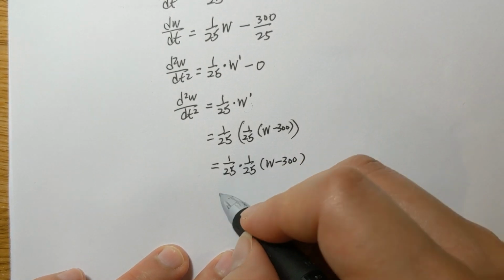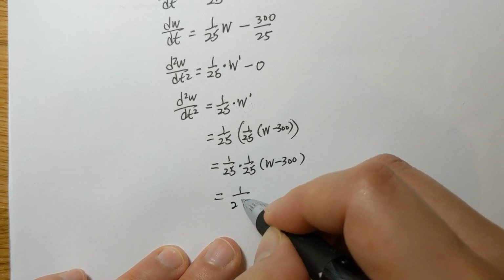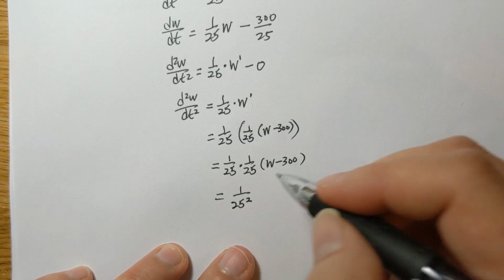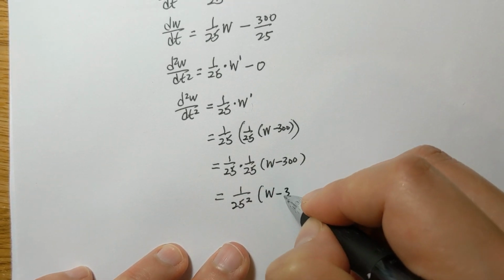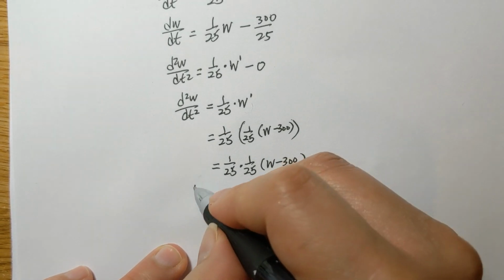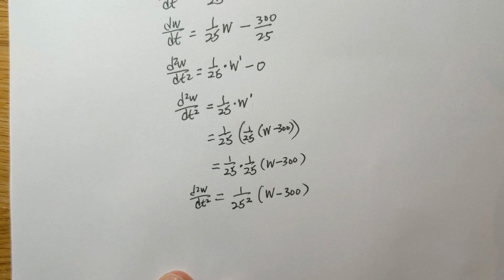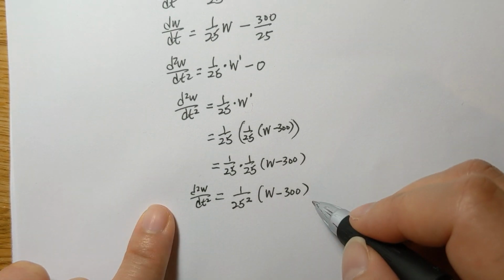Then my second derivative is going to be 1 over 25 squared, or 625, times (W minus 300). So I finished finding my second derivative.